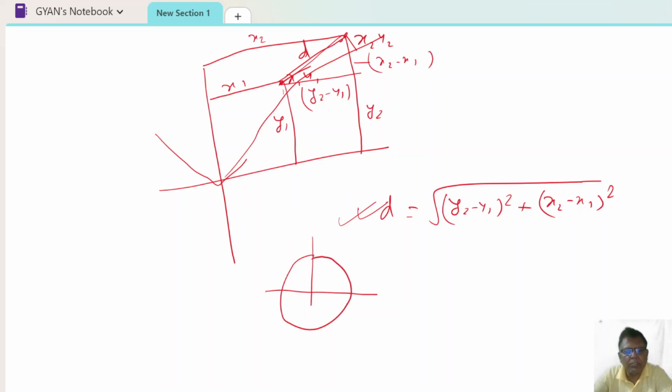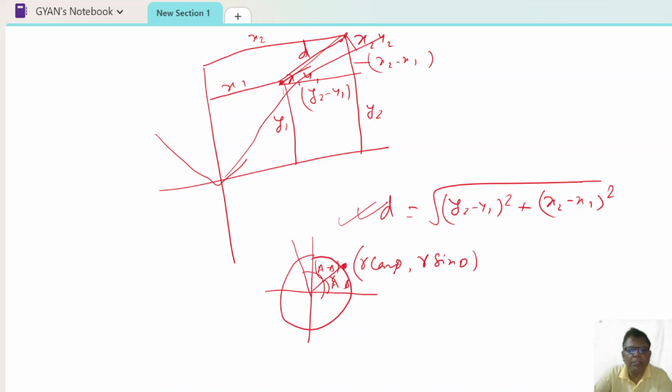How? Suppose A is there, and B is there, so this is A minus B. Suppose this length is r, then the coordinates are r cos theta, r sin theta.